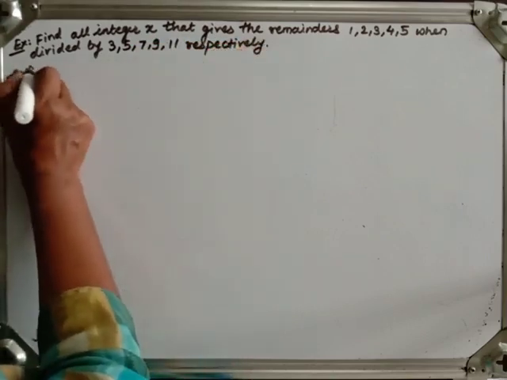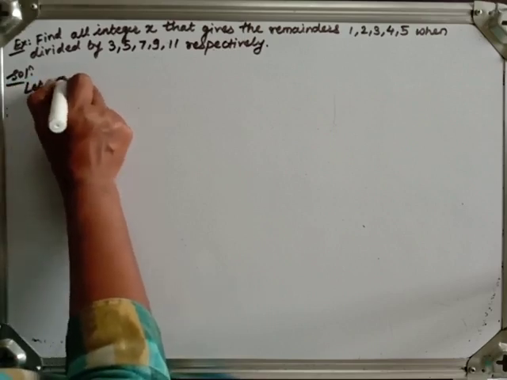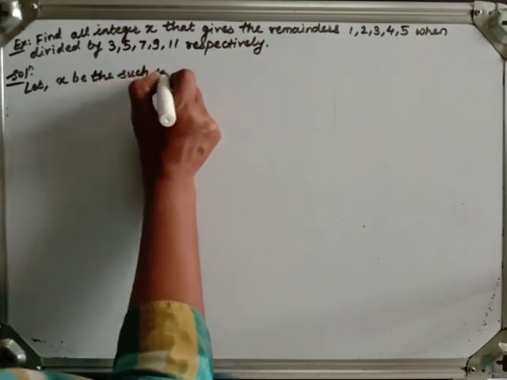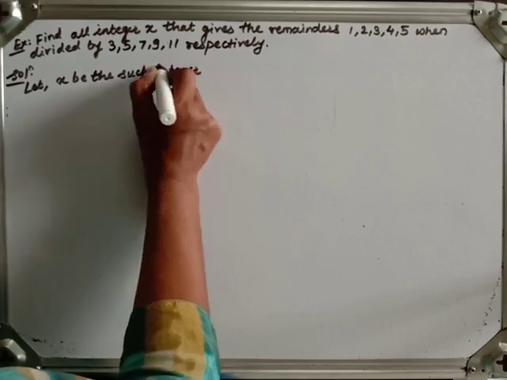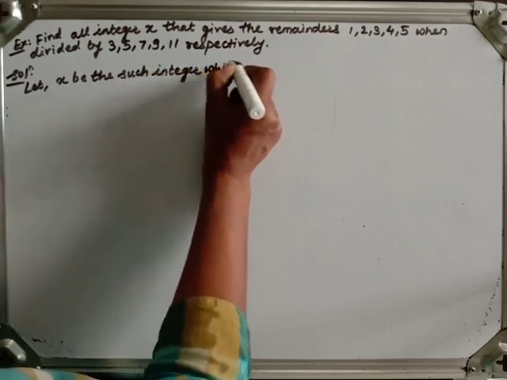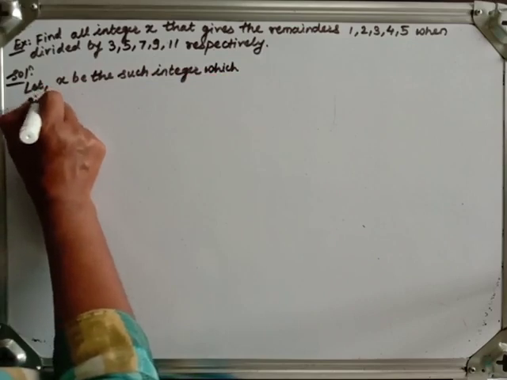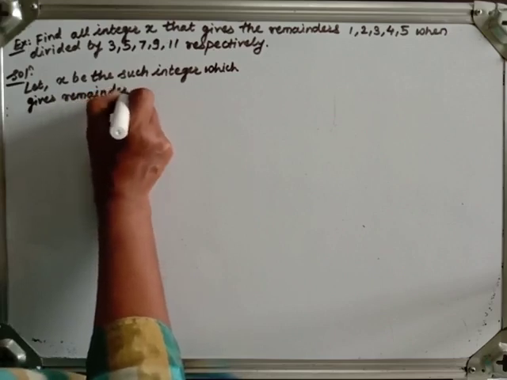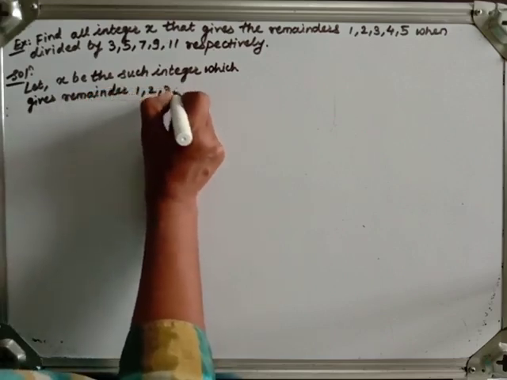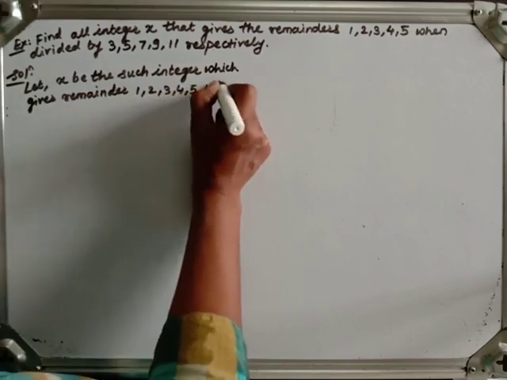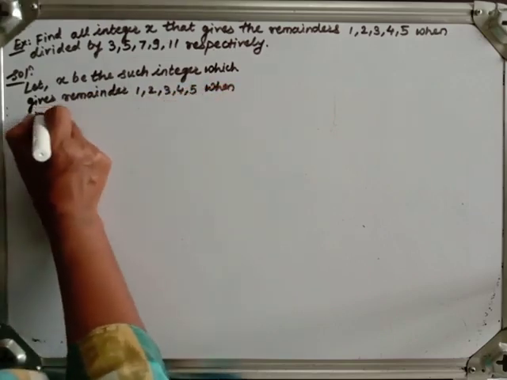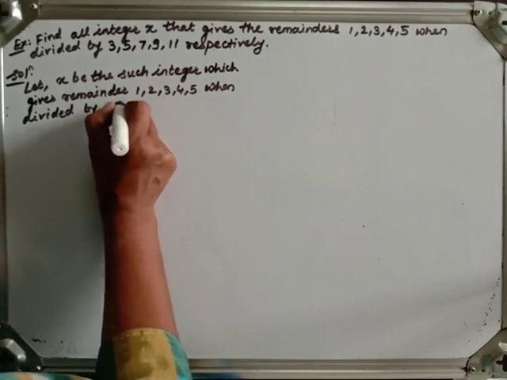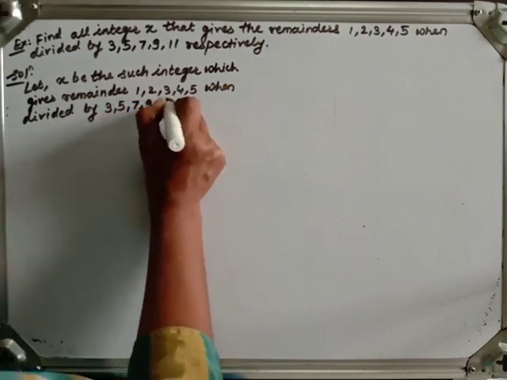So solution, let x be such an integer which gives remainder 1, 2, 3, 4, 5 when divided by 3, 5, 7, 9, 11.